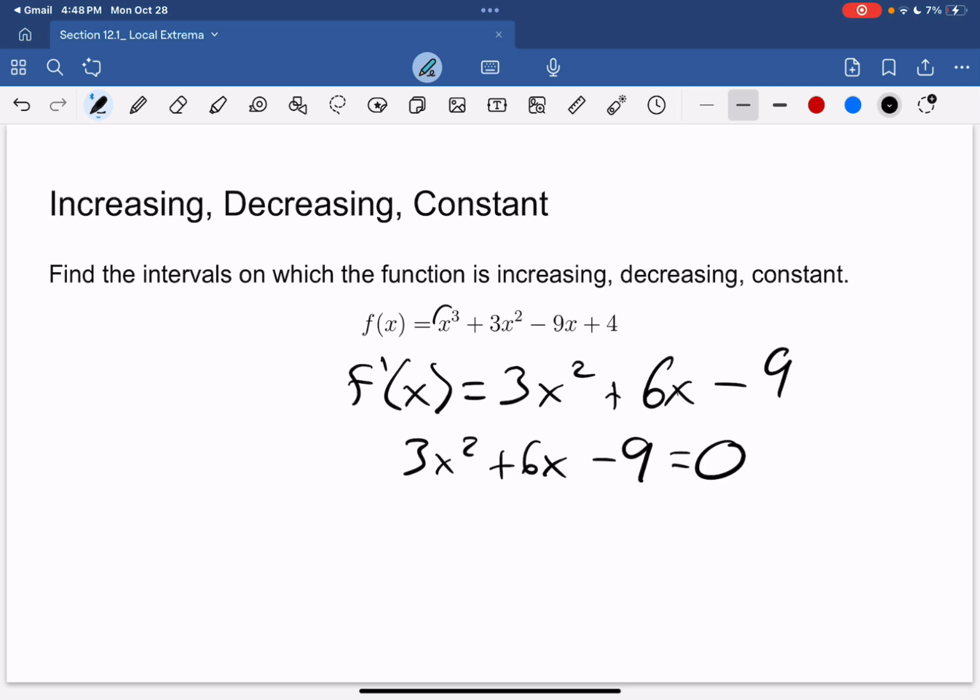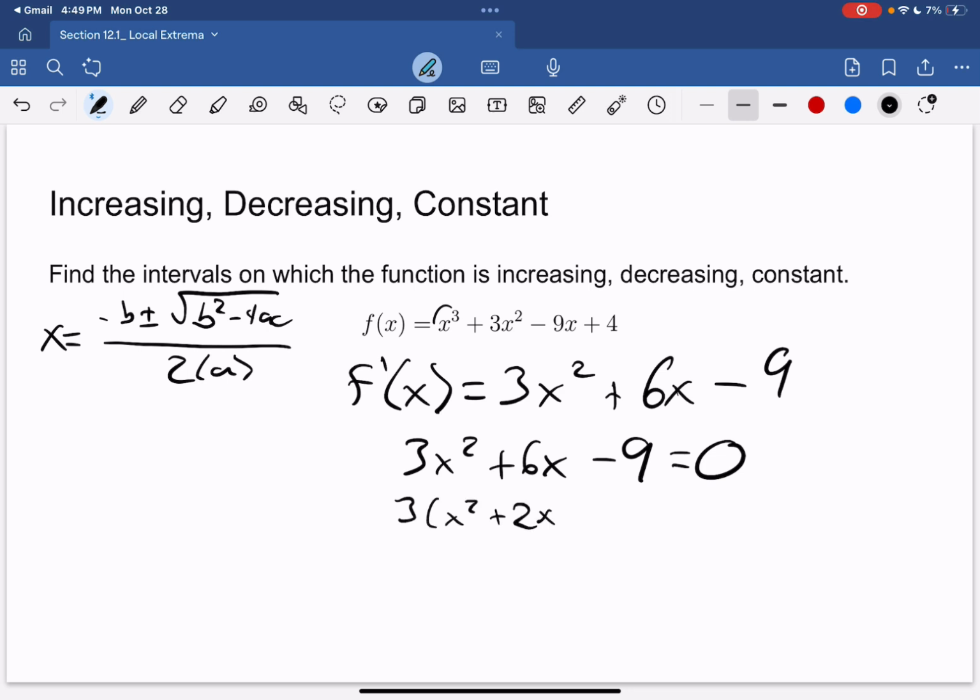So we have a quadratic equal to 0. I can factor this, or I can use the quadratic formula. I'm going to factor it, but just to give you the quadratic formula again, if you want to use it, you're welcome to. I'm going to factor out the 3 first.